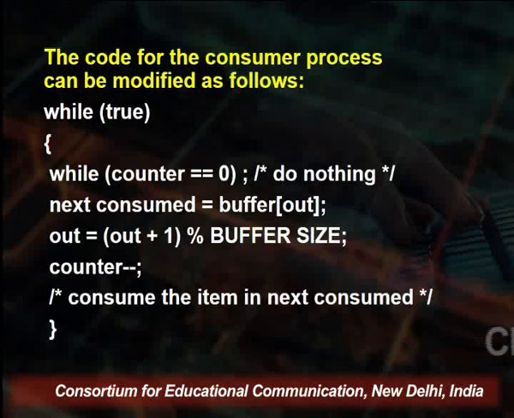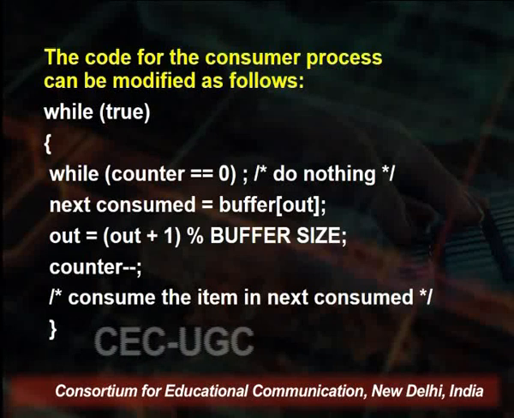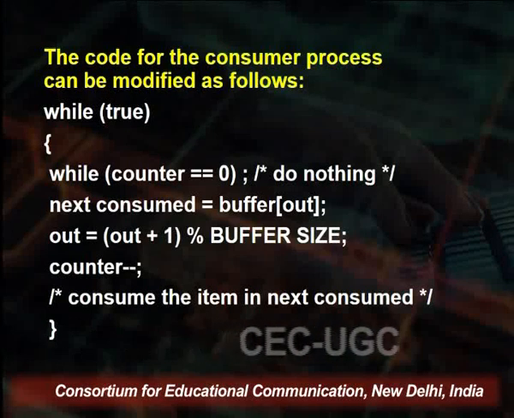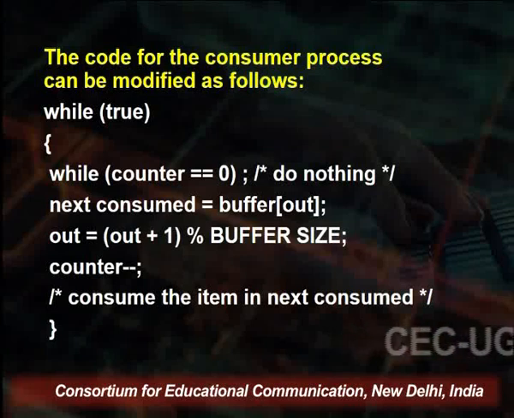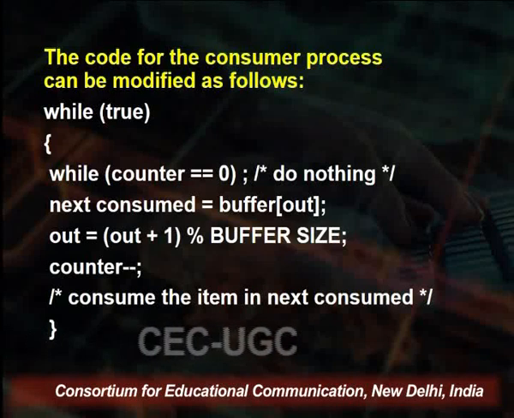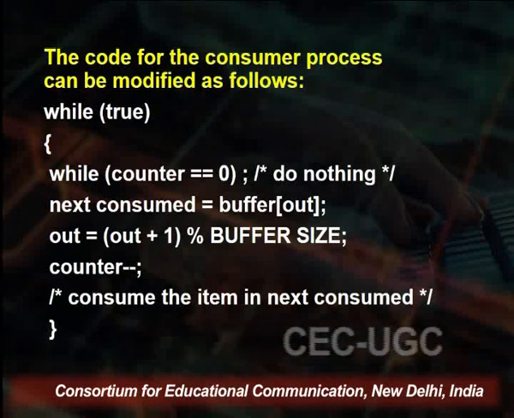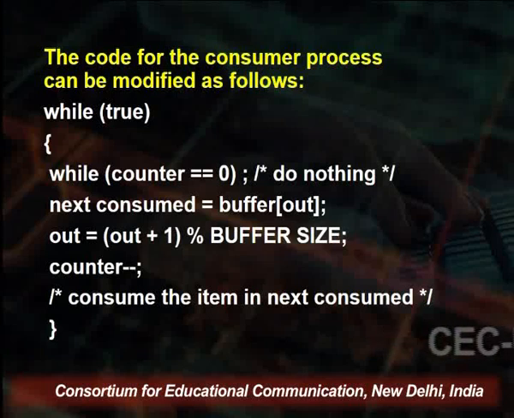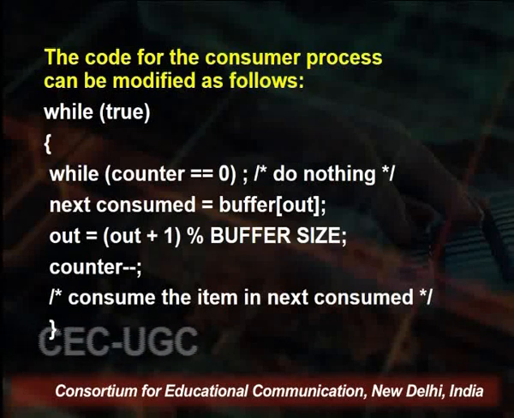So, if the buffer is empty, it is in the do nothing situation, otherwise it will take out something from the buffer and give it to the next consumed variable, increment the value of out, and decrement the counter as well, because one item has been consumed.